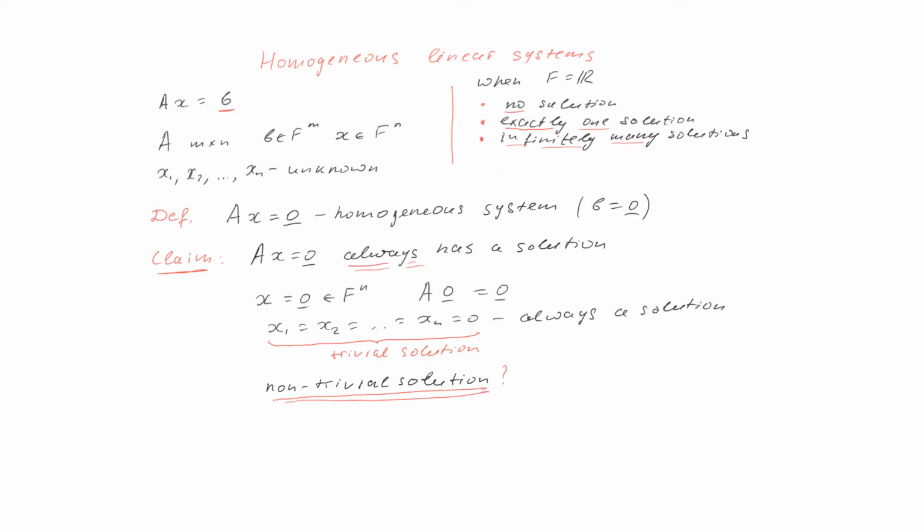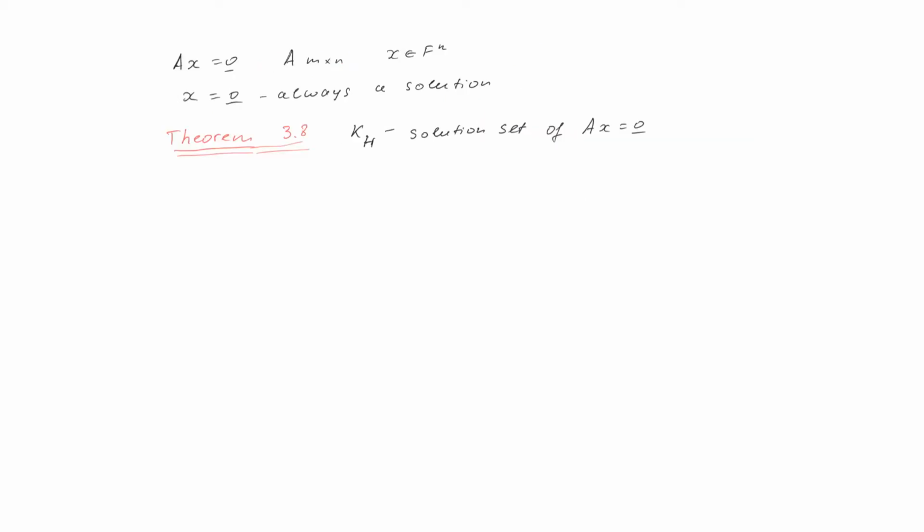And you will see that all the theory that we have learned about transformations will be useful to answer this question. We will discuss the result on the next slide. The result is formulated in Theorem 3.8. This theorem is about the solution set of a homogeneous linear system.